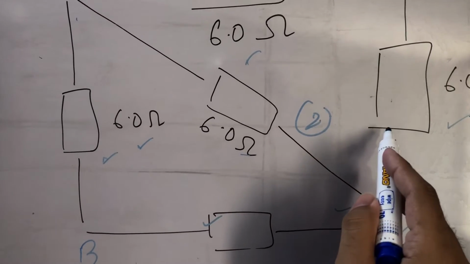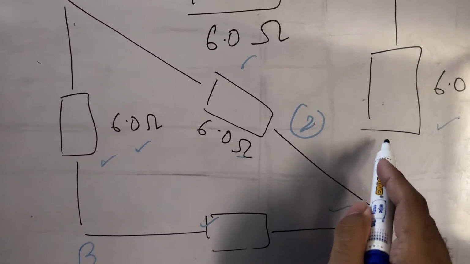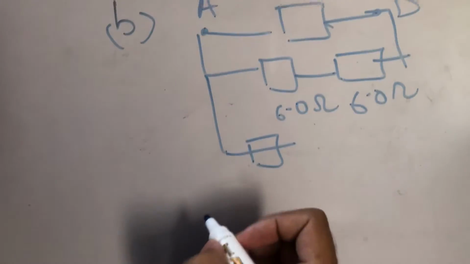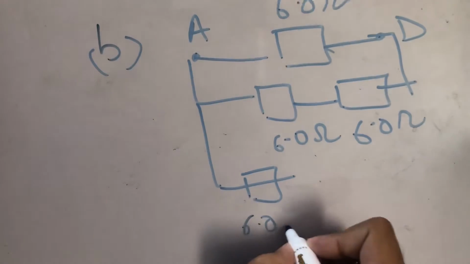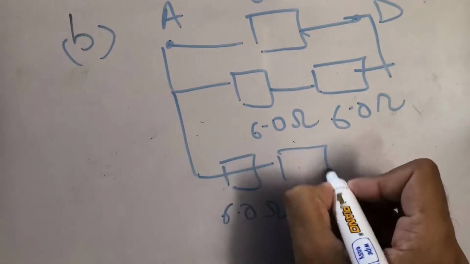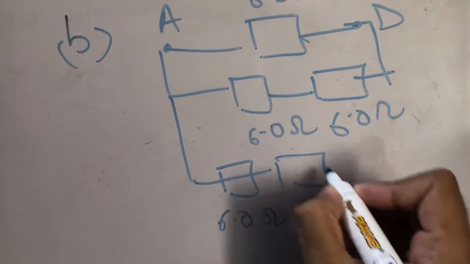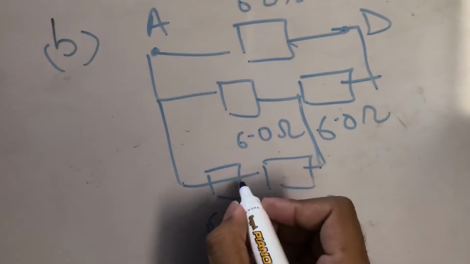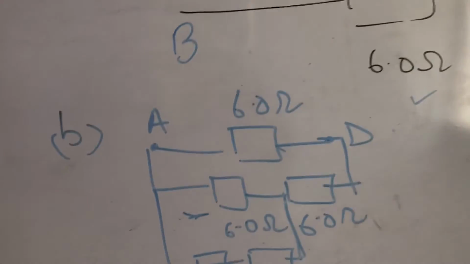So this is coming before this point, before this resistor. So then the third diagram will be 6, and this is connected to this. So this is in parallel to these two.